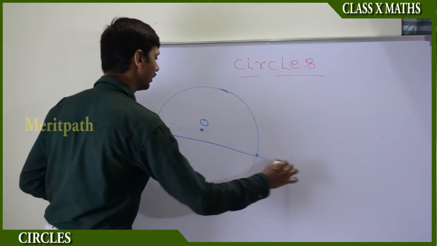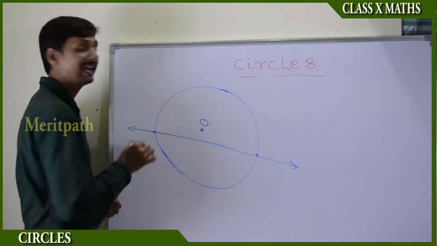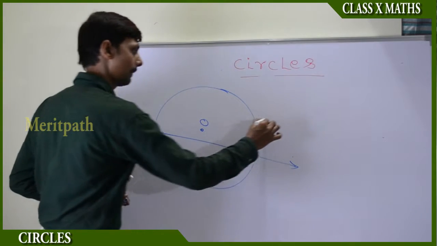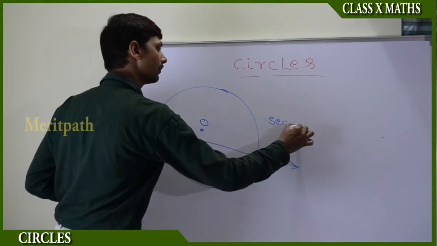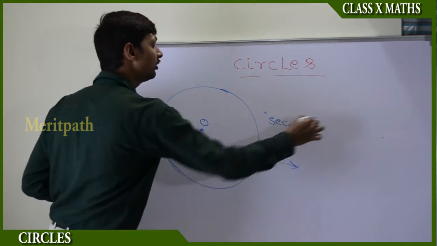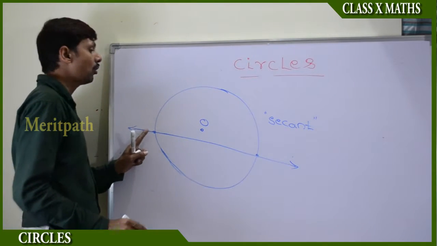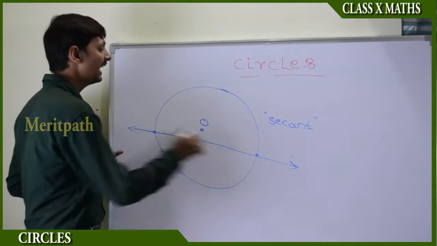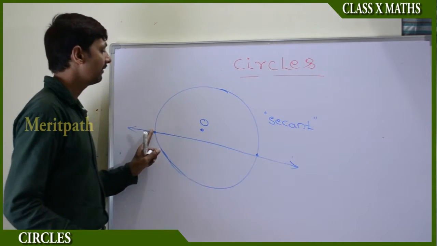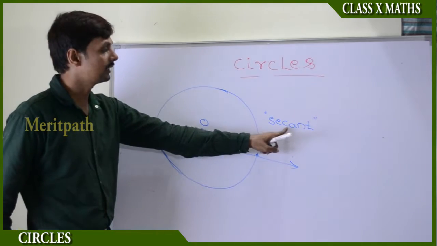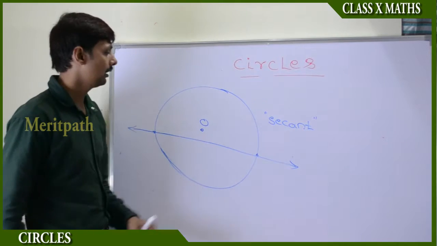It's called a secant of the circle. Let us recall it. We have taken any 2 points on the circle and joined them. We call it a secant of the circle.